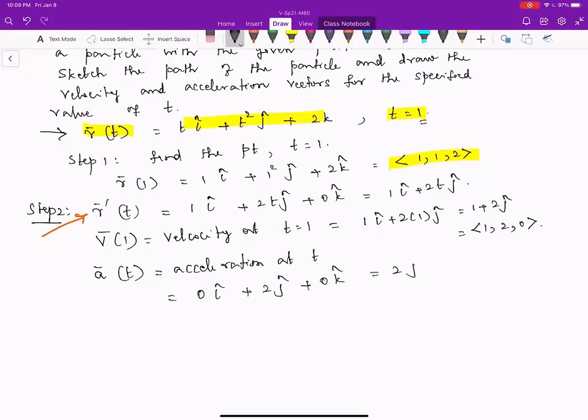That is just 2j. So we got acceleration, and acceleration at 1. We are asked to find out everything at that instant t equal to 1. So we are replacing t with 1. So this will be 2j as well. So we found out velocity and acceleration at t equal to 1.